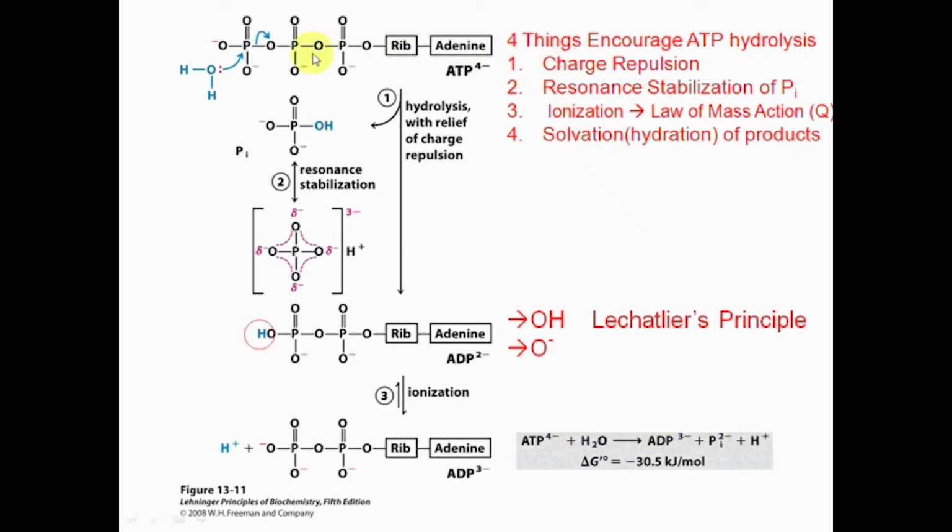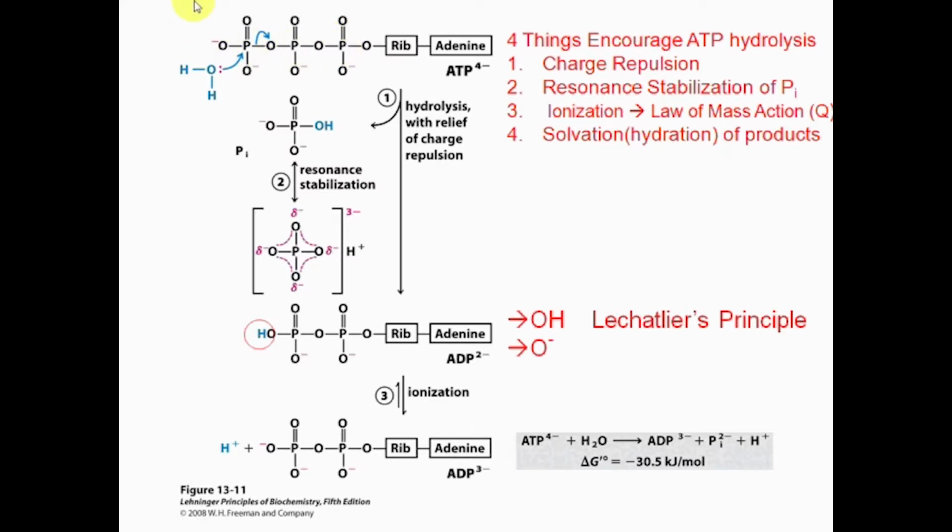The first is the charge repulsion between all of these phosphates. These are very negatively charged molecules, and the charges are repelling each other. So imagine that you have 3 homophobic football players all crammed into a closet. And once you open that door, they're going to want to get out of there.